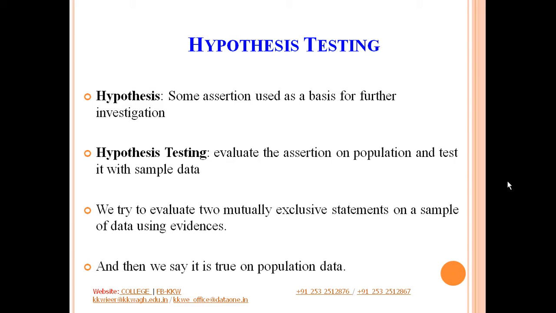Why do we need evidences? Obviously, if we have to prove something, you need evidences to support your proof. If we are able to do that, then we say that our assumption is also true on the population data. So that is the entire meaning of hypothesis testing.